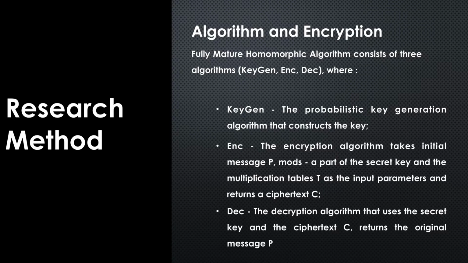It takes as the initial data that we'll be using to encrypt P, and M as part of the secret key, and T as the multiplication table, and C as the ciphertext. These all will be explained in the further steps. In the decryption, here it will use the secret key to decrypt the original data.